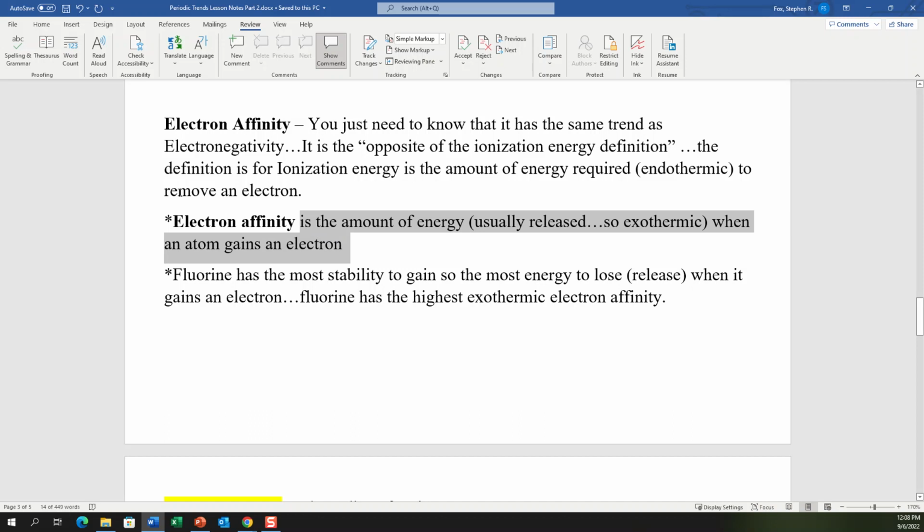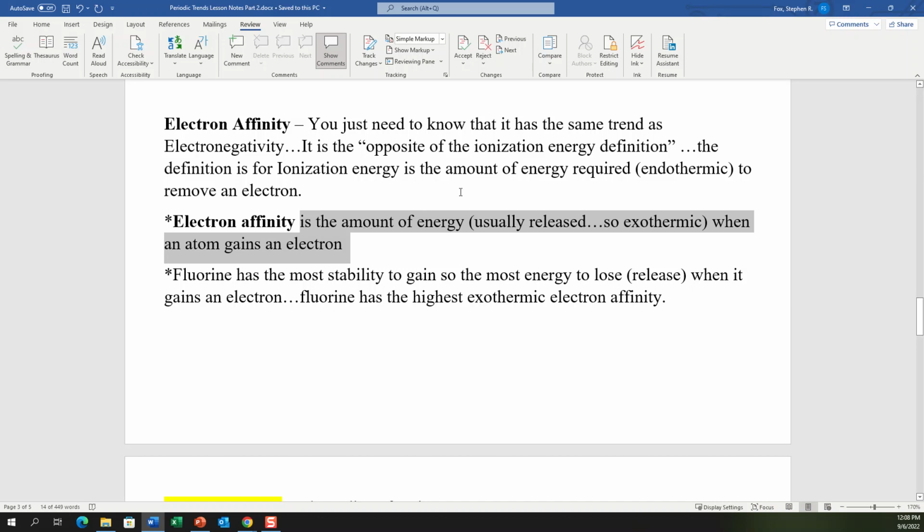But even metals are still attracted to their valence electrons. They're just not as strongly attracted. Even though francium has the lowest ionization energy, it still requires some amount of energy to remove an electron from francium.